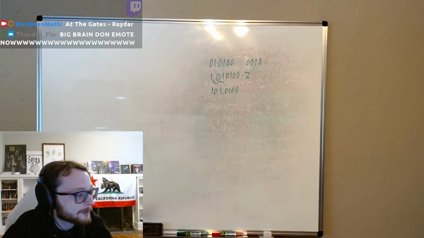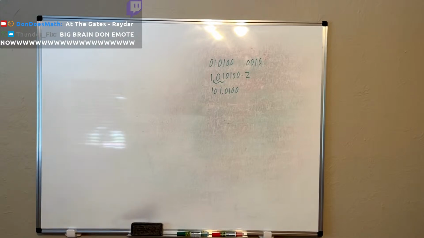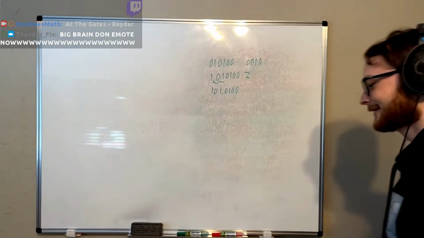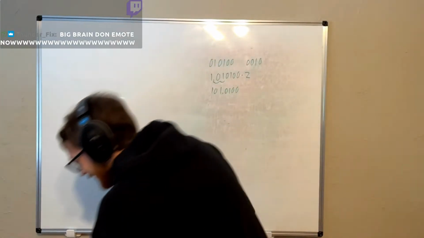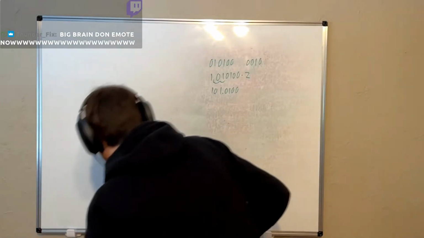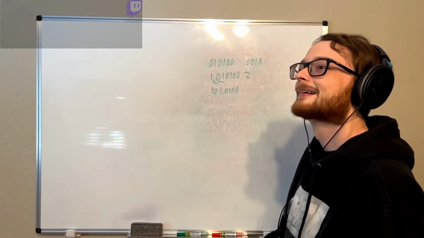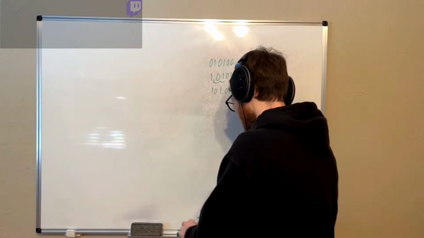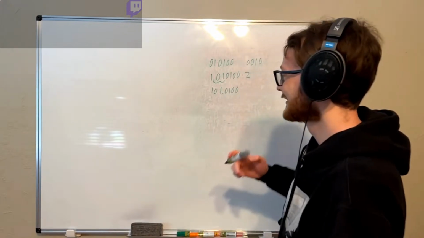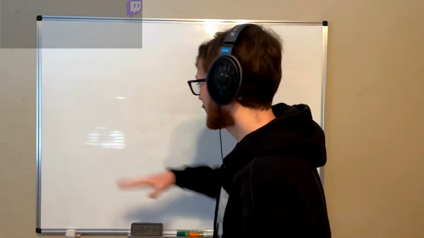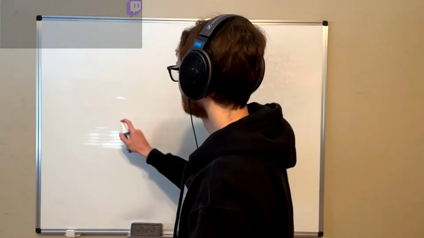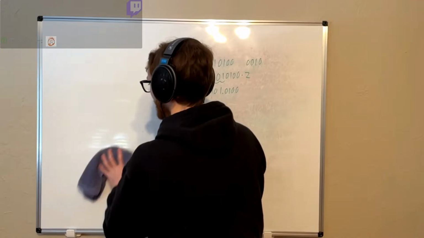Let's put the floating point arithmetic down for a second. Big Brain Dawn. Ah. Let's see. You know, okay, let's make sure we have a clear canvas. I'm going to spray that thing down. Dang it.